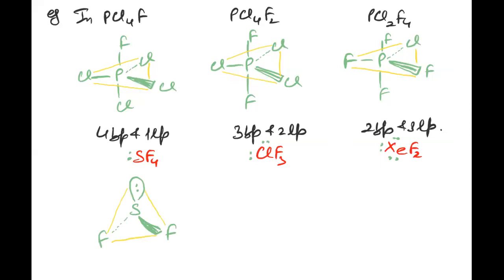Another fluorine is perpendicular to this equatorial plane, and this may be another fluorine atom here. This geometry is known as seesaw geometry, seesaw shape, similar to the seesaw we have seen in our park.